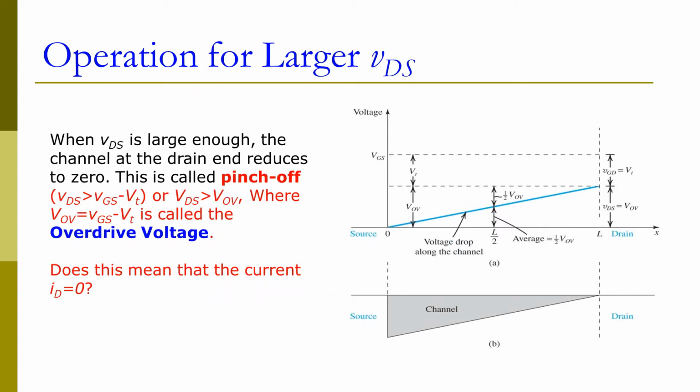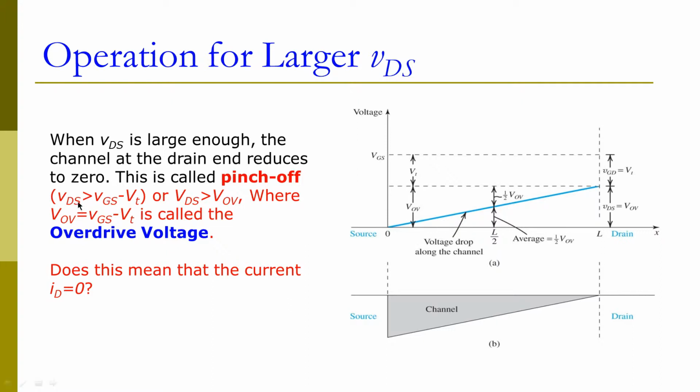When we further increase our VDS, when the VDS is large enough, the channel at the drain end actually reduces to zero. The size of the channel reduces to zero, and this is called pinch off. Right? Initially, we close the channel at the very end on the drain side.